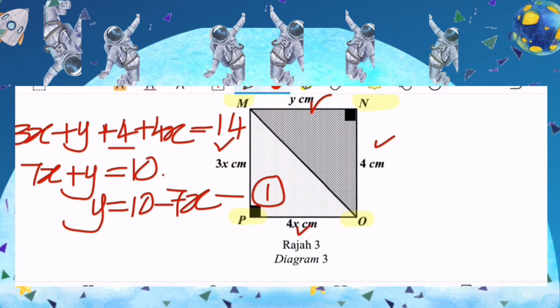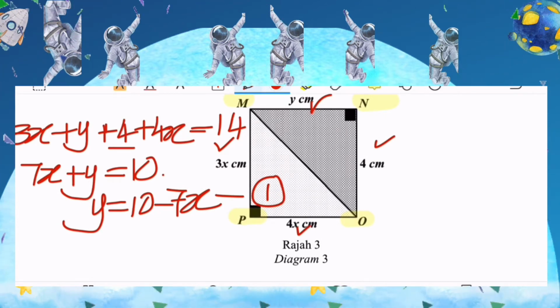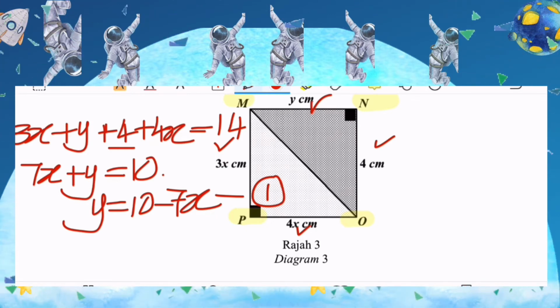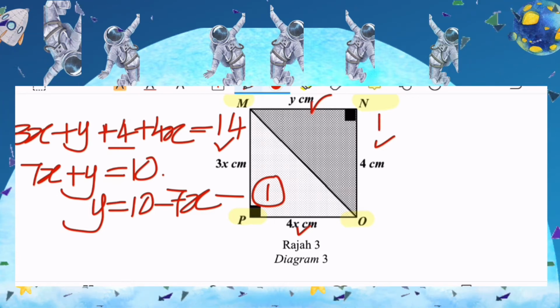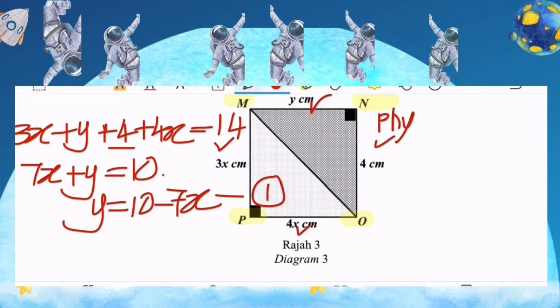Now we expect that we will get another equation from the Pythagoras Theorem. According to Pythagoras Theorem, you have to find the hypotenuse squared. MO squared is equal to y squared plus 4 squared. And we have another one, isn't it?